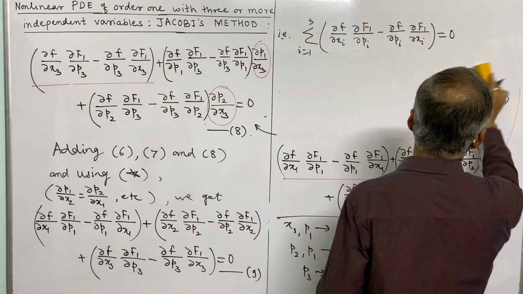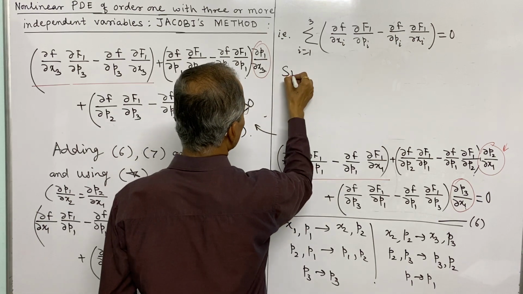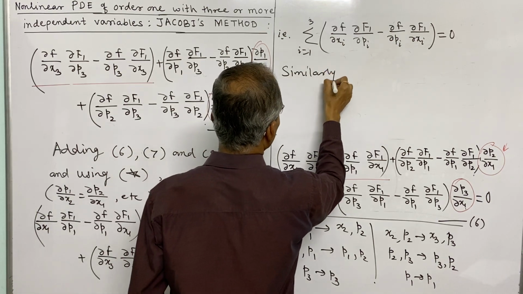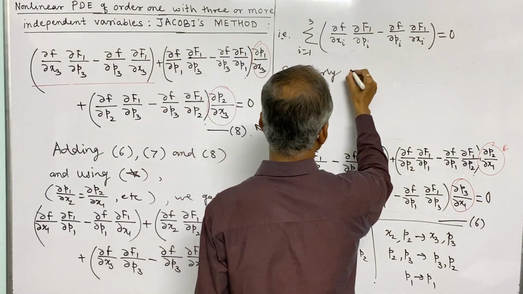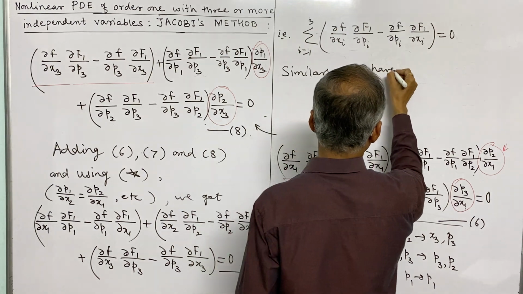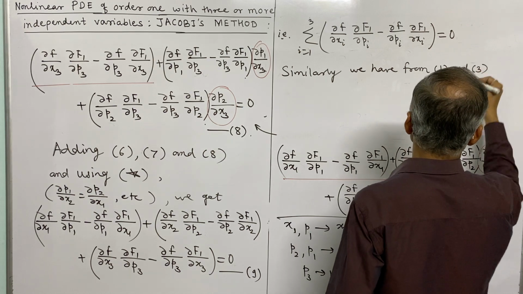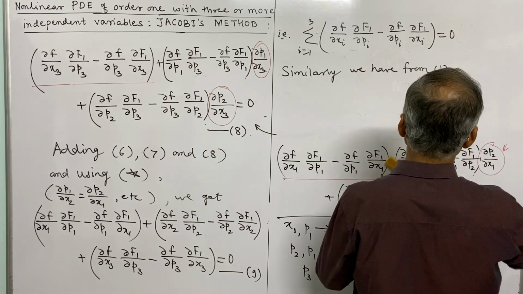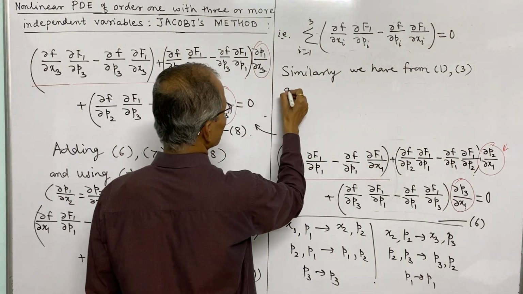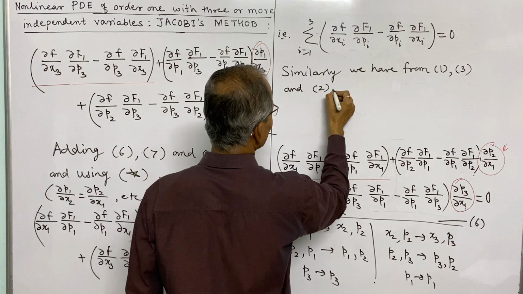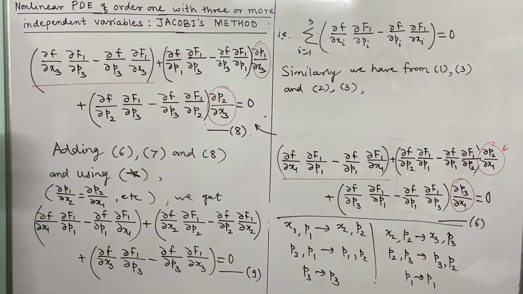So similarly, we will have, eliminating, from 1 and 3, or we may write 1 comma 3, and 2 and 3, 2 comma 3. We have from 1, 3 and 2, 3.